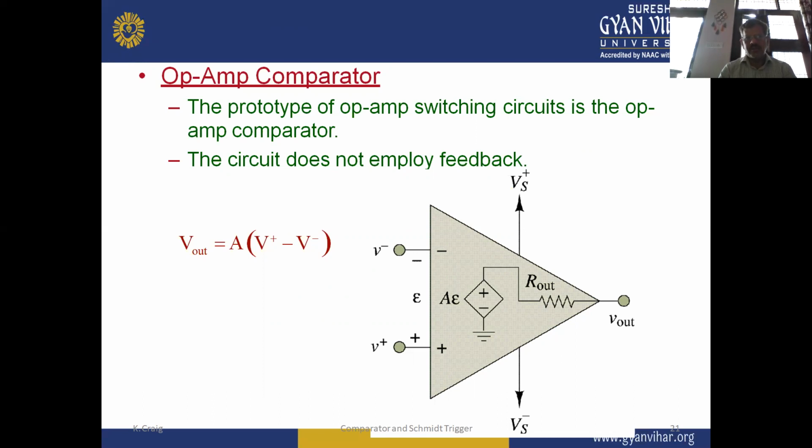This circuit does not employ feedback. Here the output voltage of this op-amp comparator will be A times (V1 minus V2), where A is the gain of the op-amp, V1 is the non-inverting voltage and V2 is the inverting voltage. So the output voltage of the op-amp comparator is Vout equals A times (V1 minus V2).